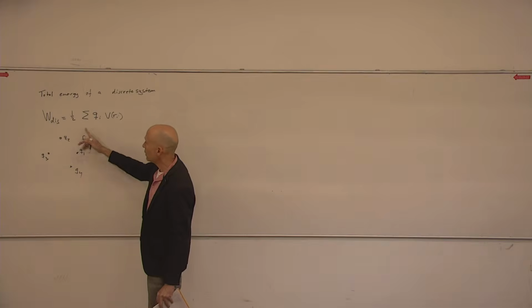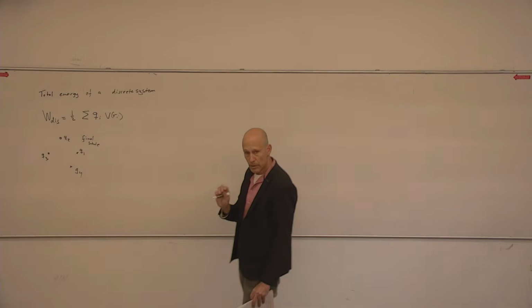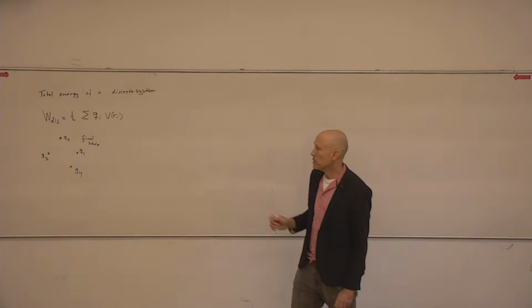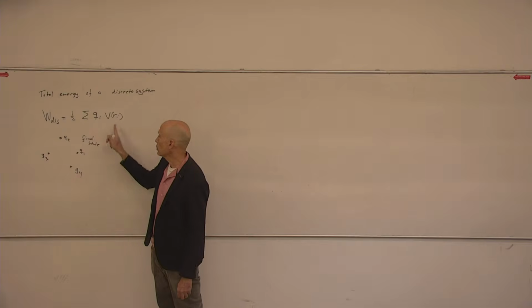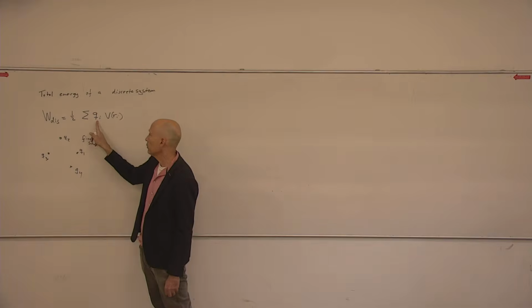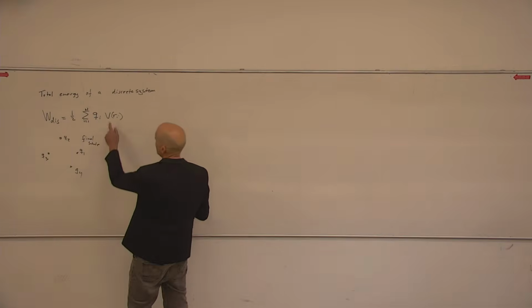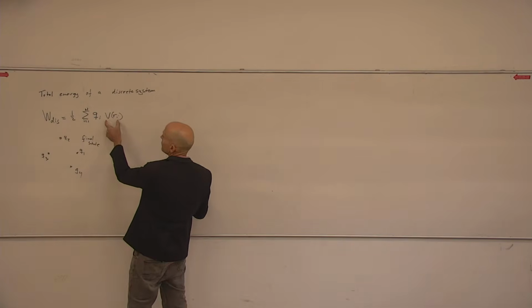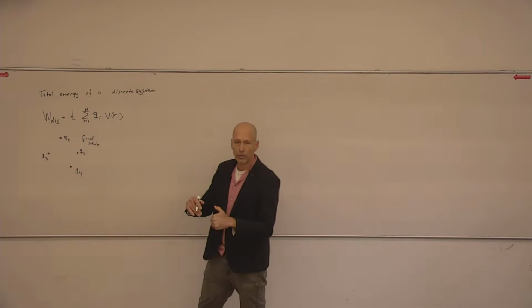And what is Qi? These are the charges. What is VRi? Here there's a little subtlety. It's the potential created by all the other charges. So of course you don't include in this V the potential that, let's say we're looking at particle 4. So this is i equals 1 till n. In our example, n is equal to 4. So when you say VRi, it is the potential excluding the self-interaction.